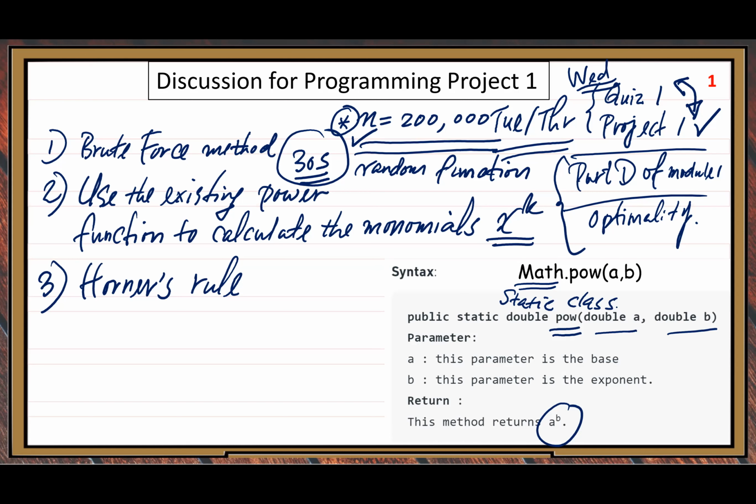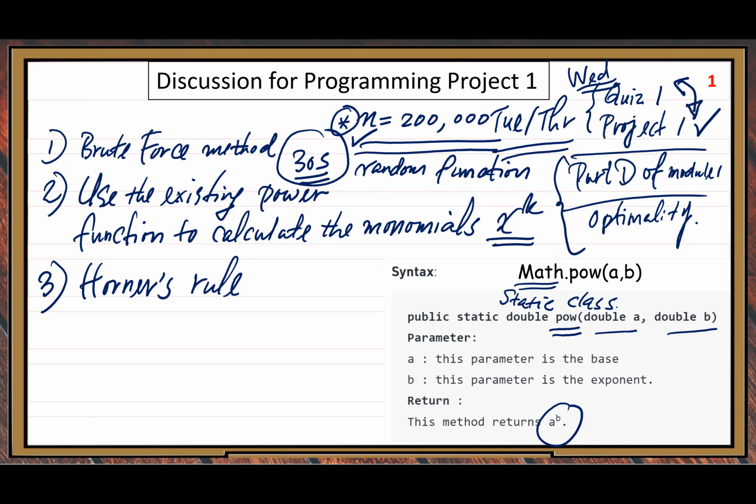For a static class, you just use the class name directly because it's static. If you are not familiar with the static class concept, I can explain it at some appropriate time.